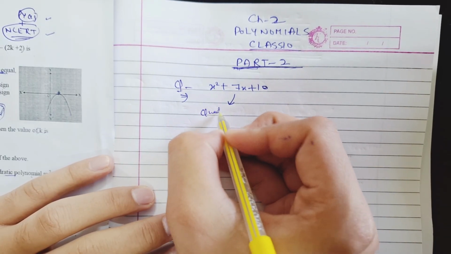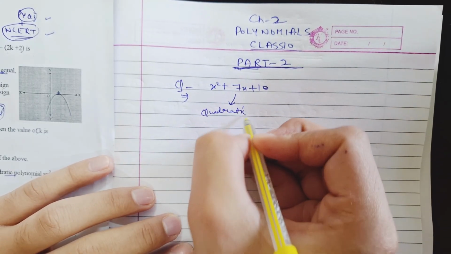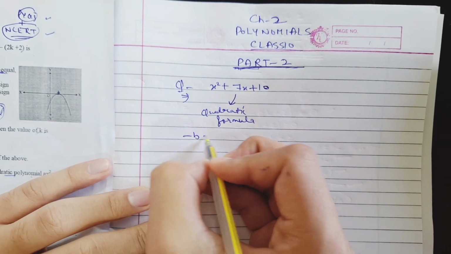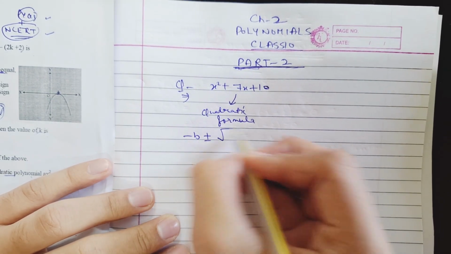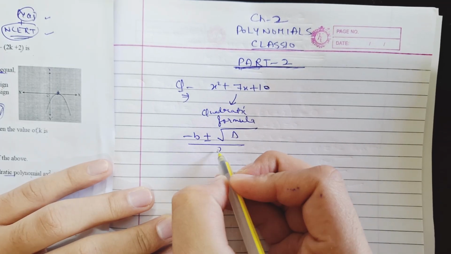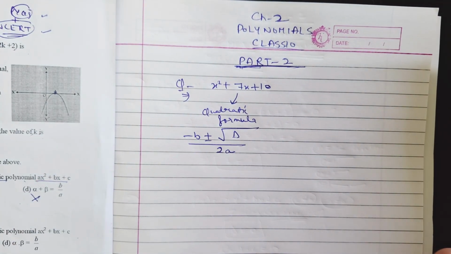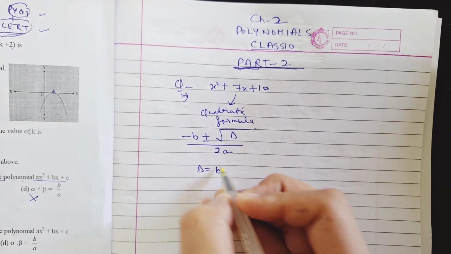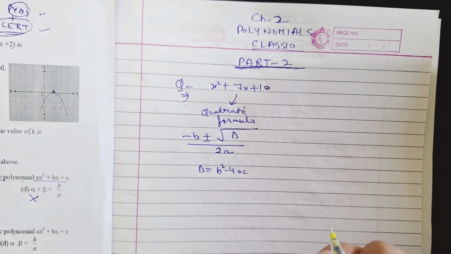You have the quadratic formula: x equals minus b plus minus root of the discriminant, upon 2a. The discriminant D is b square minus 4ac.